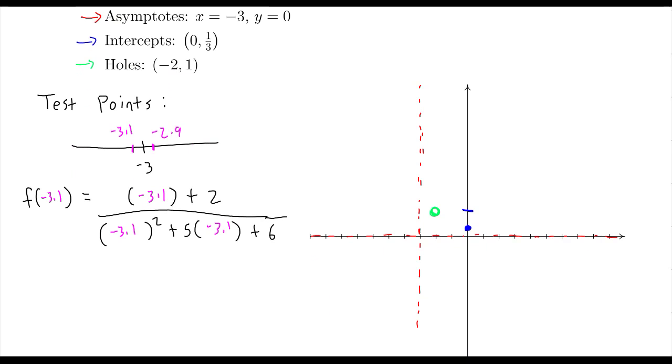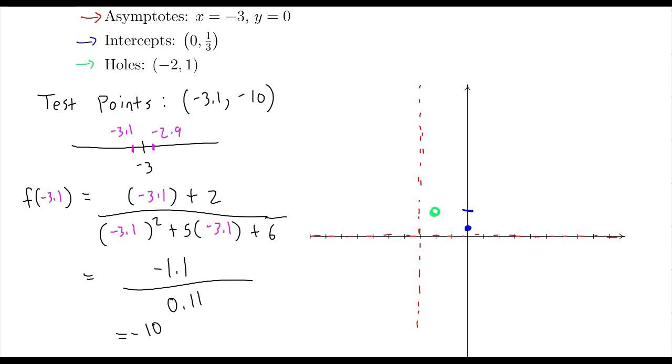That's what I want to figure out, so I'm going to type that in my calculator. -3.1 plus 2 is going to be -1.1 over -3.1 squared plus 5 times -3.1 plus 6 is 0.11. And if I divide those, I get -10. So my first test point is -3.1, comma, -10.